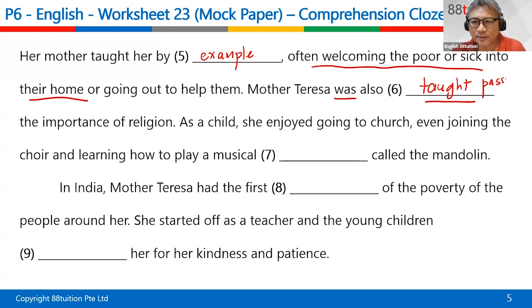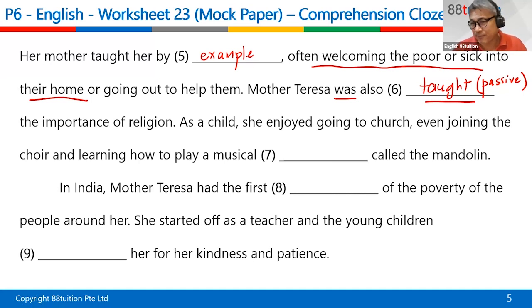Of course, you know that. She was also taught the importance of religion. And who would do the teaching? Probably the mother, right? The mother, and with the help of the church they attend, maybe. So that's why maybe they don't mention the agents, the person who taught Mother Teresa. It could be a number of persons, a number of sources, a number of parties rather than just one mother.